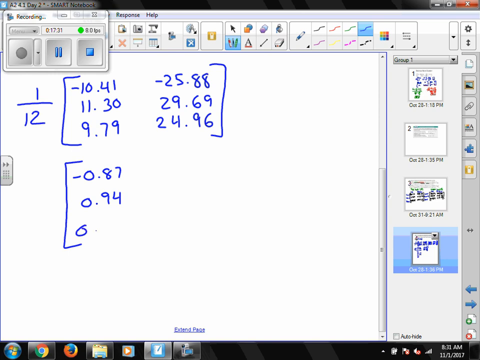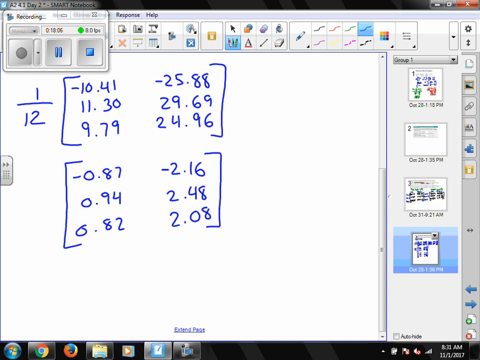And 0.82 is going to round out that column. Go over to the next column, negative 25.88 divided by 12 is going to leave me with negative 2.16. 29.69 divided by 12 is going to give me 2.48. And rounding out that column, divide 24.96 by 12, I'm going to get 2.08.